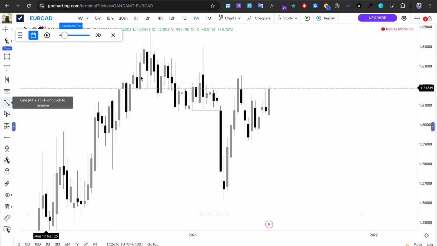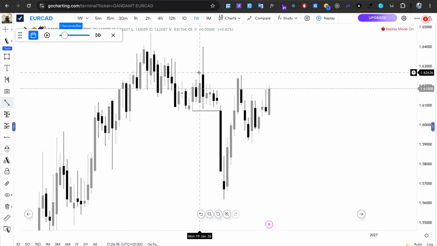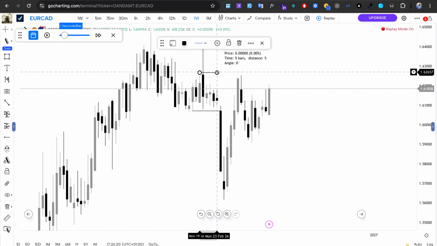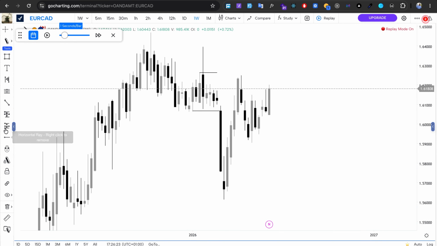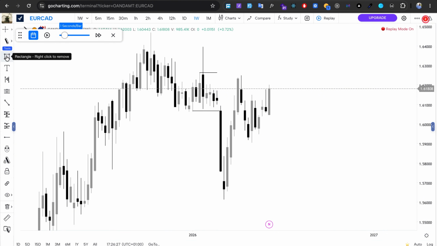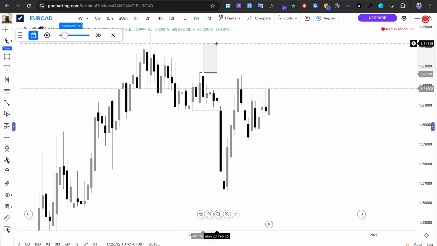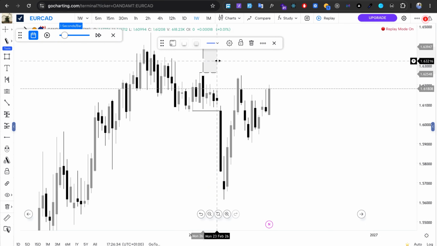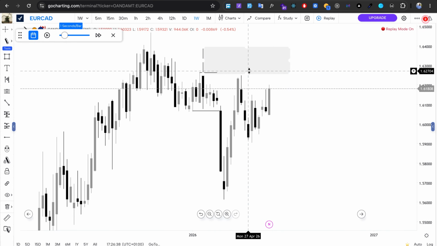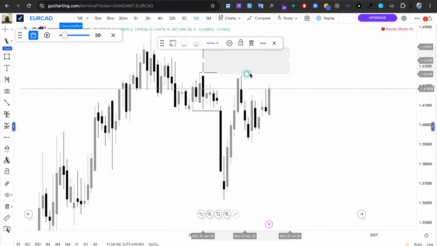So if you look at this, there's like a sweep. Alright. This is a key level. This is a key level. This is a key level. This is a key level.